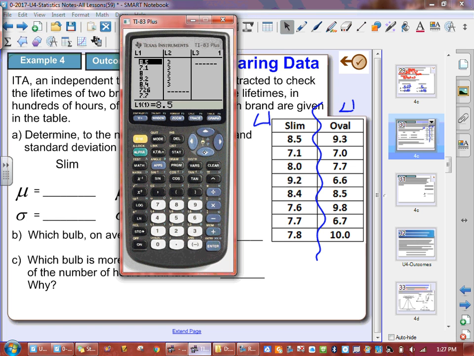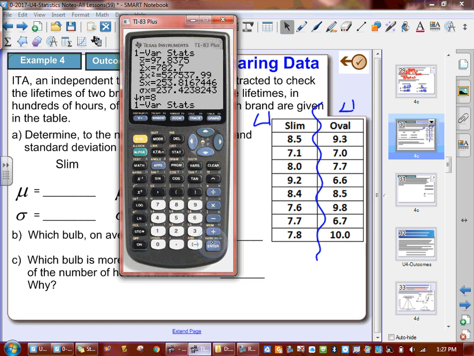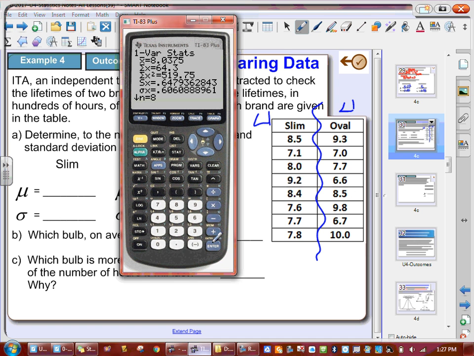Yes, I sure did. 7.6. That'll change my data a lot. There we go. Okay, so you're going to get 8.04 and 0.61. Those are the values we got for slim.